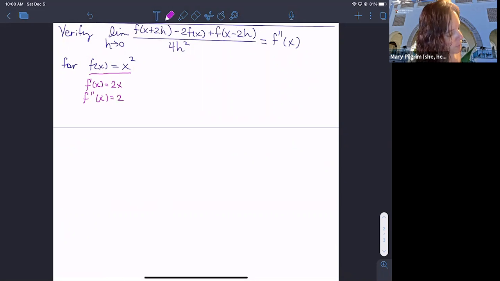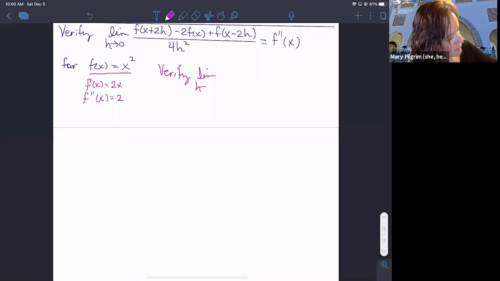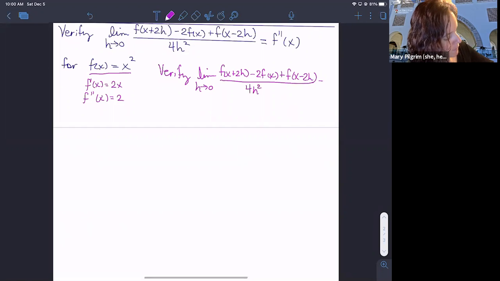So essentially what I want to do is verify that this limit as h goes to 0 of f of x plus 2h minus 2f of x plus f of x minus 2h all over 4h squared is equal to 2, in this case, because our function is f of x equal to x squared.